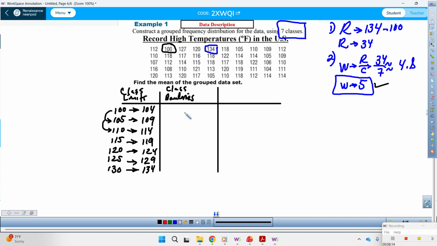How do we find the class boundaries? All right. Sam, first class boundaries. Subtract 0.5 and add 0.5, so give me the boundaries. 99.5 all the way to.